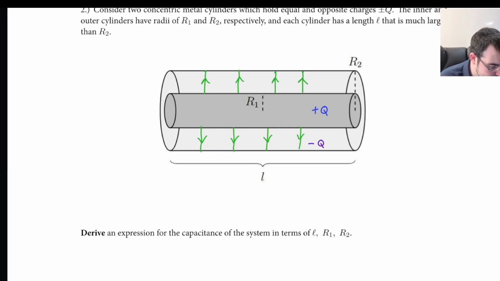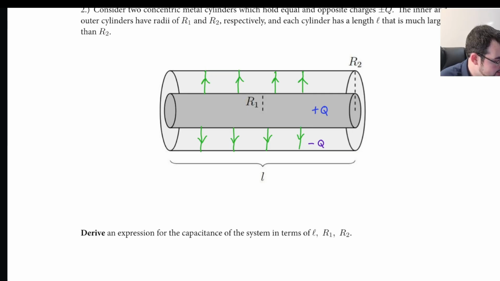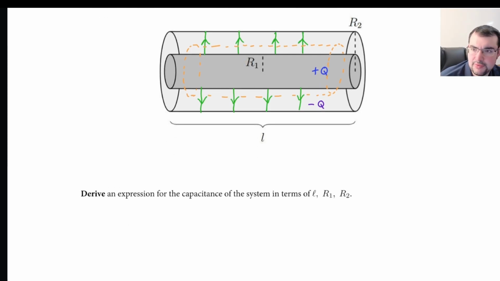So let's do that. Derive an expression for the capacitance of the system. So same idea. First thing is we've got to get E. So if we've got to get E, of course that means we're going to draw ourselves a Gaussian surface. So of course it's a cylinder in this case.